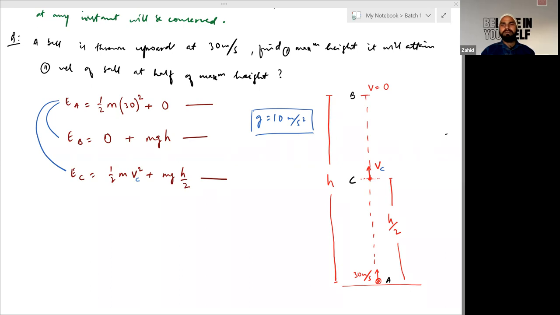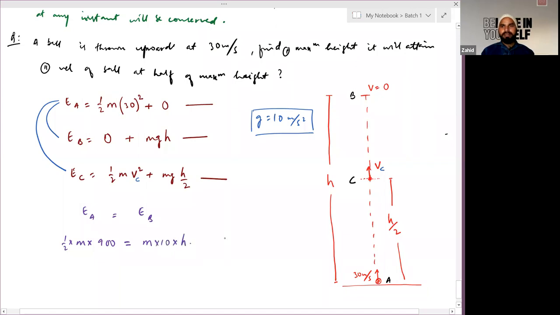Should I solve? Just equate the energy of point A and the energy of point B. The energy of point A is half m times 30 squared, so it will be 900 m over 2, equal to the energy at point B, which is m times gravity 10 times the height we have to calculate.